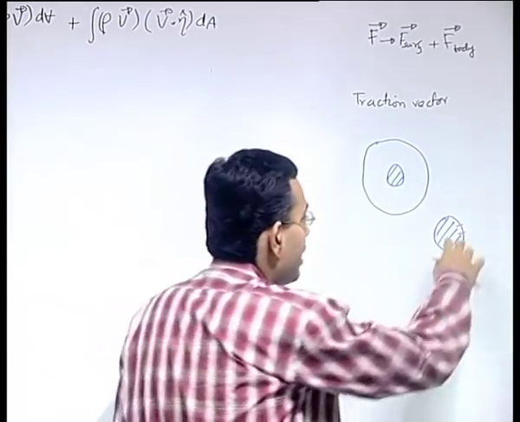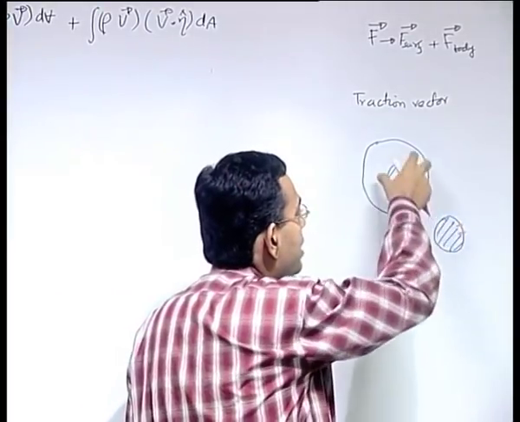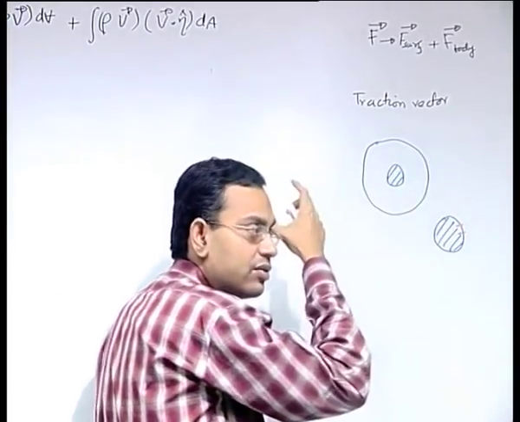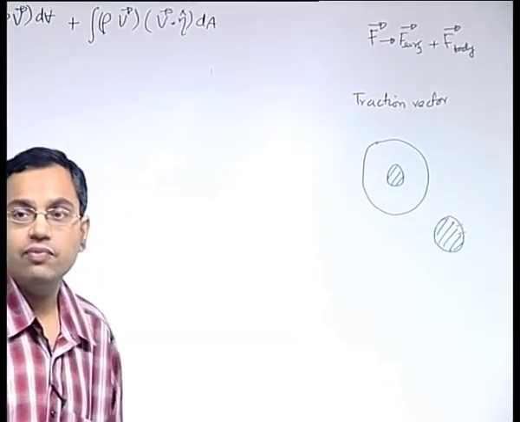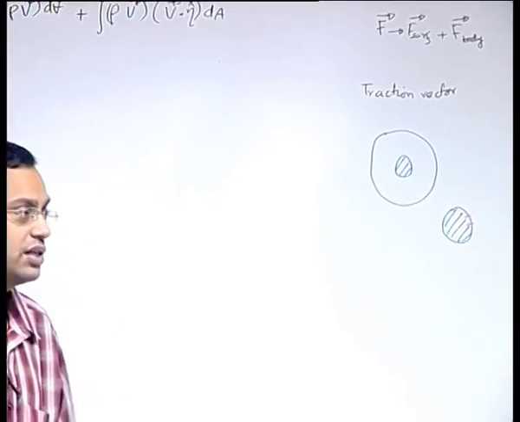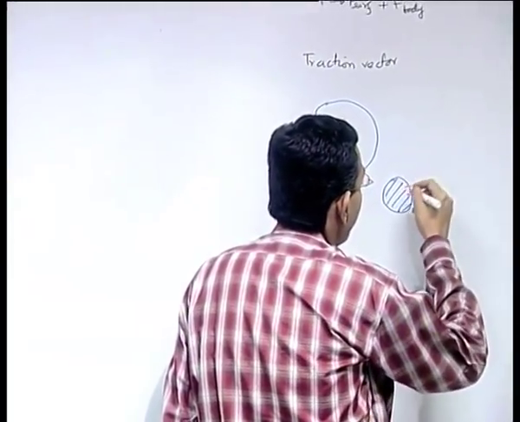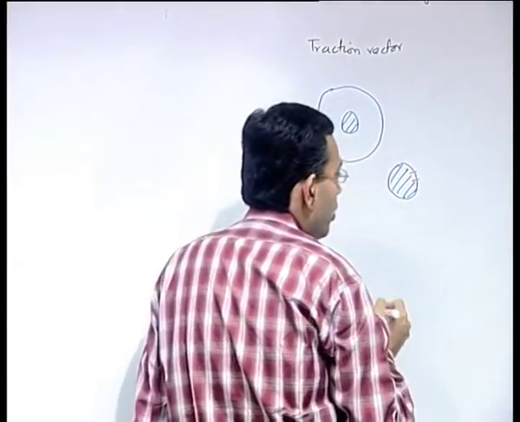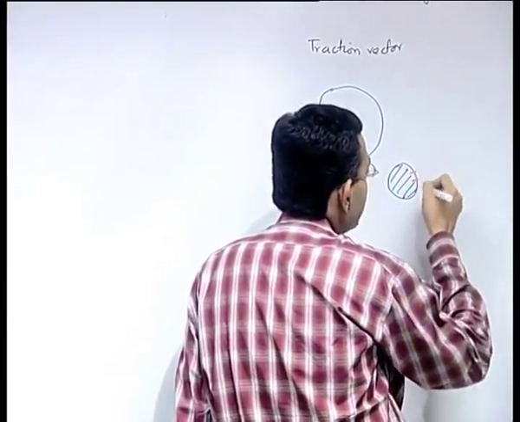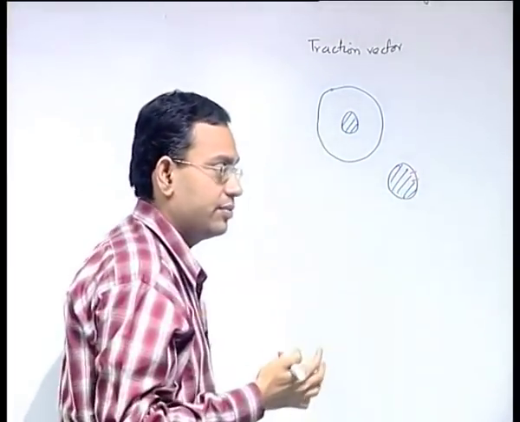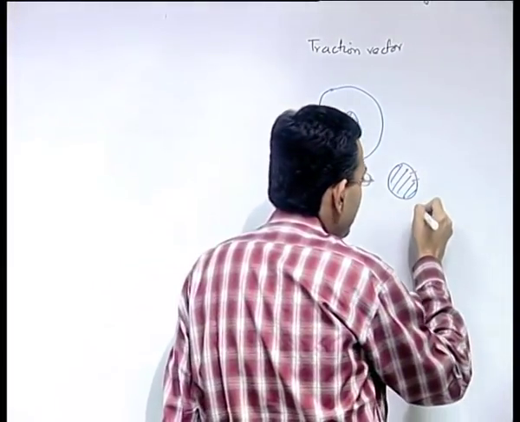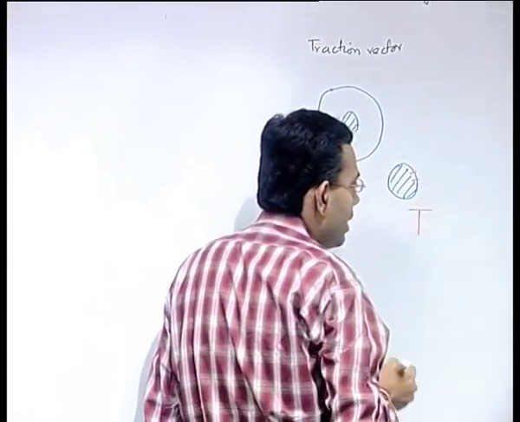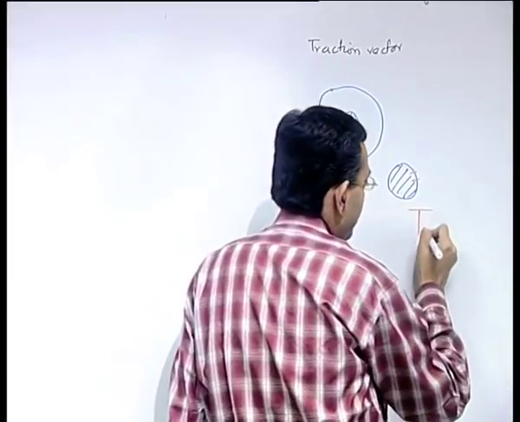So, that interaction force can now be represented because you have removed this chunk from the material, as if you were drawing a free body diagram of the chunk. When you are representing the surface force, you can represent it in different ways. One of the representations is through a force per unit area. When that is done, it is usually represented by a vector called the traction vector.